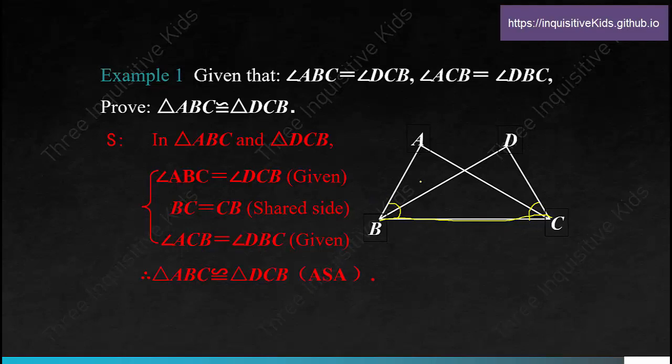So as you can see, this is an example of how ASA works in real problems, because if you remember, ASA is very helpful when it comes to finding congruent triangles.